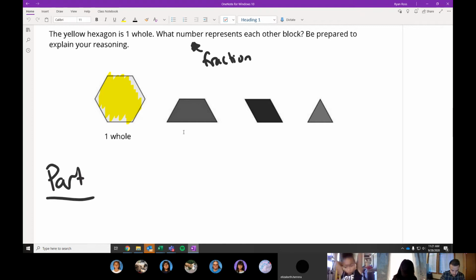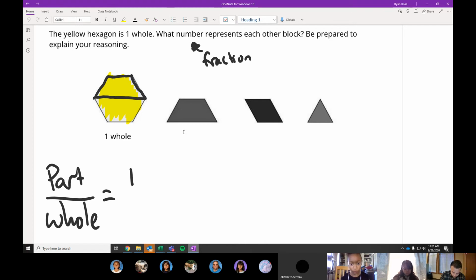We talked about part over whole, right? So we have one part if we're trying to figure out a trapezoid, how many pieces it'll take to fit. So there's our trapezoid. If we were to move it over there and we said, okay, one of these would fill the top and we need another for the bottom.